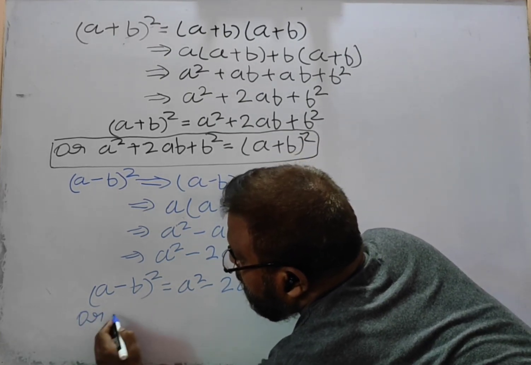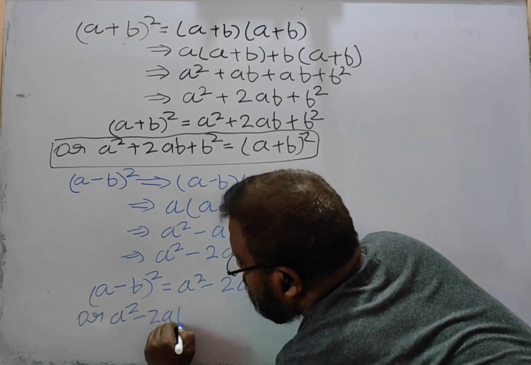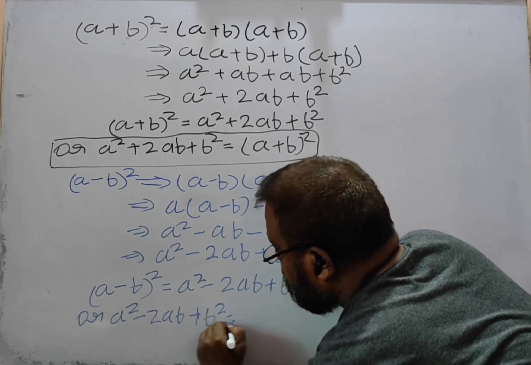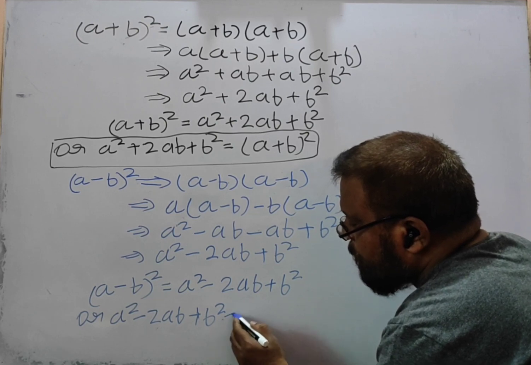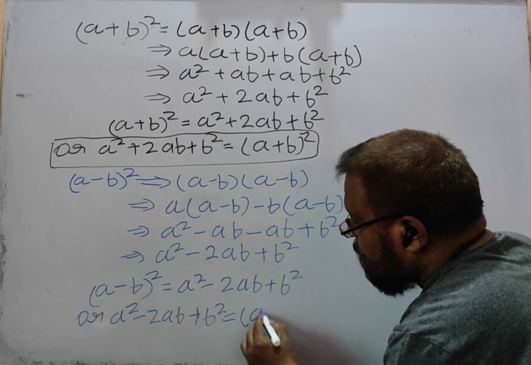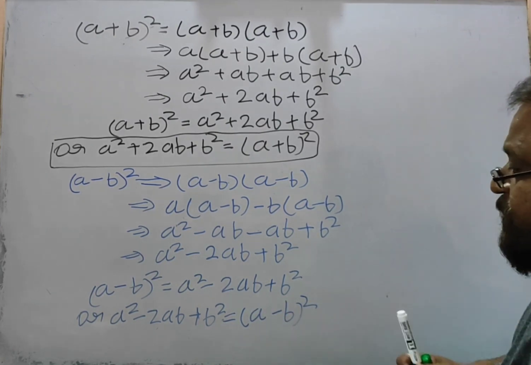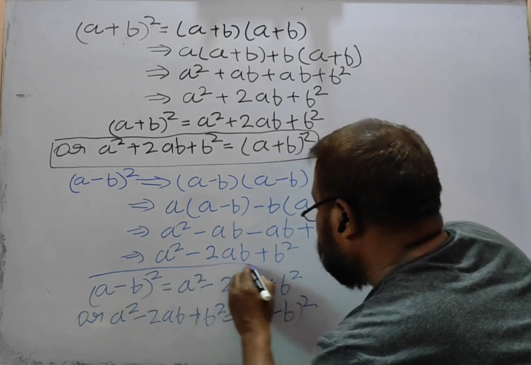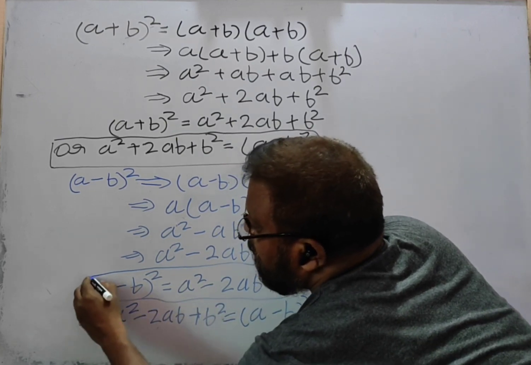Or we can write a square minus 2ab plus b square is equal to a minus b whole square, right? This is another identity which we are using.